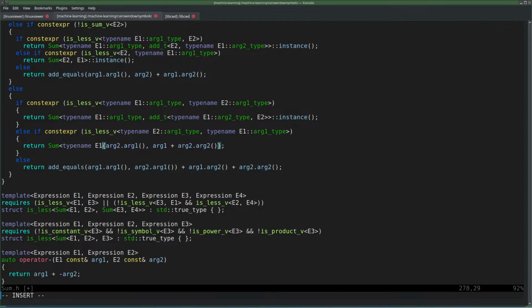Type name e2 arg1 type, comma, it in some, right? Instance.